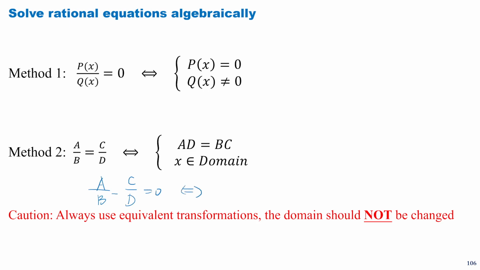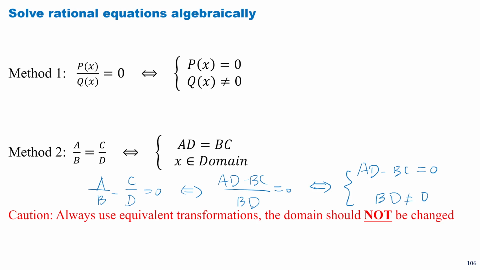And this is equivalent to rewriting this using common denominator, (ad minus bc) over bd equals 0. And this is equivalent to ad minus bc must equal 0, and bd cannot be 0, right? Be careful, always use equivalent transformations. The domain should not be changed.